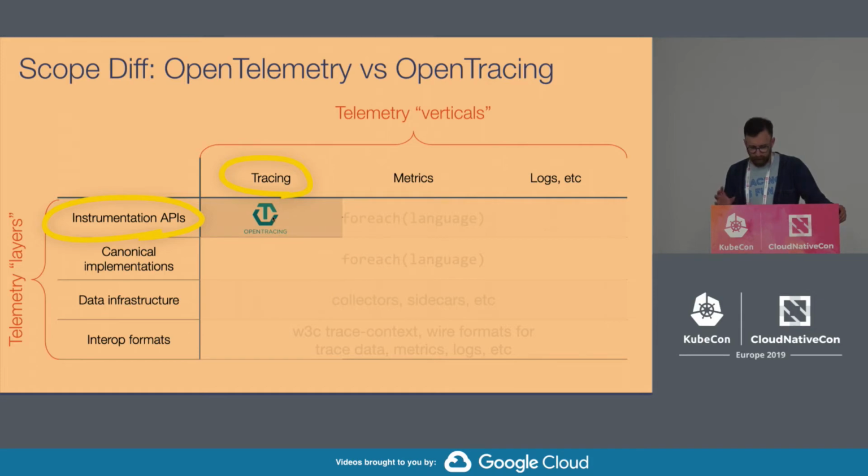So part of the effort here is to broaden the surface area. The broadening is easy in that we're just adding more things, and that doesn't create any compatibility issues. The compatibility discussion is really focused on things in this slice of the matrix, because this is where OpenTracing has been so focused.